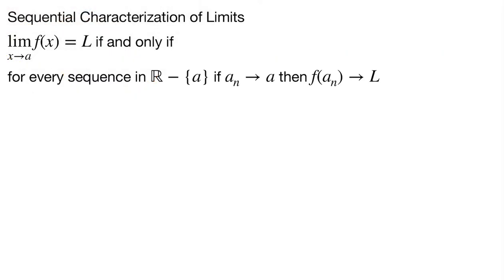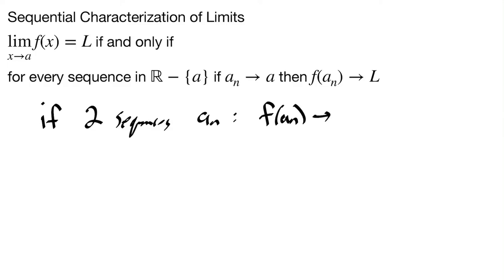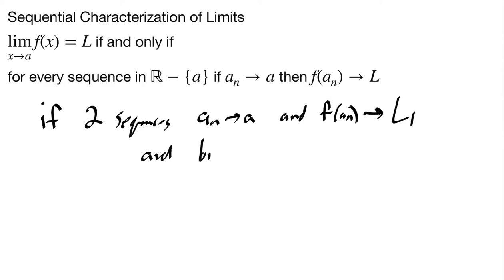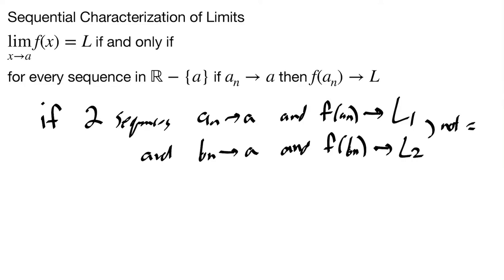And by the way, there's one nice consequence, and let's write that consequence down right now. This means that if you have two sequences, a of n, converging to a, where the f of a of n's go to one value, let's call that value L1, and a second sequence, which we'll say b of n, also converging to that same value a, but the f of b of n's converge to a different L2, where L1 and L2 are not equal to each other, then what does that have to mean about our limit?